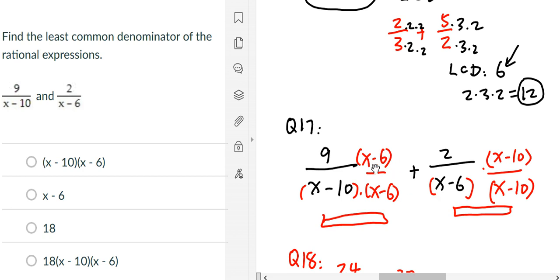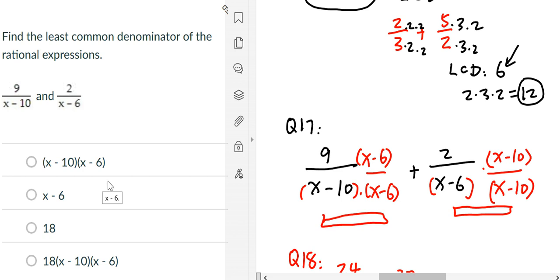Apparently, you need x minus 6 upstairs and downstairs for the first rational expression. Here you need x minus 10 for numerator and denominator. And then you will make denominators be the same. So the answer is x minus 10 times x minus 6. The first one is our correct choice.